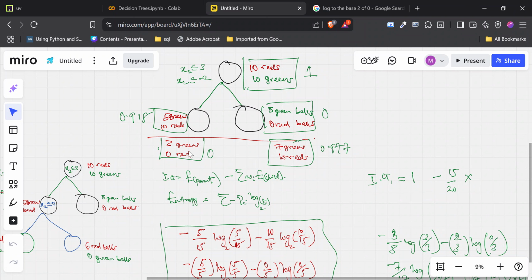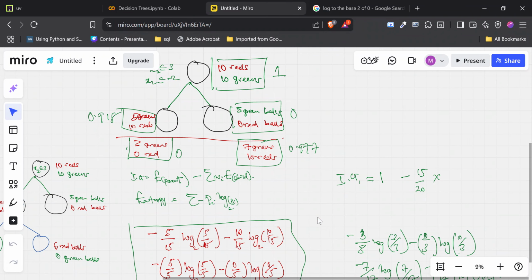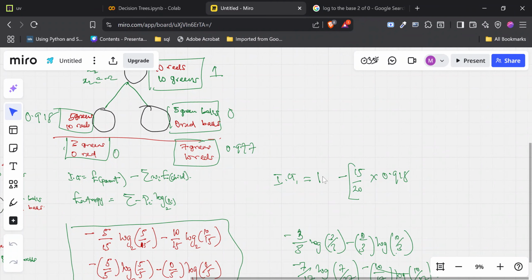This Wi is, like I said earlier, the size of the child. The child has 15 data points in it. The parent has 20. So 15 over 20 multiplied by what? The entropy of the child. So what is the entropy of the child at that particular point? It is 0.918. Multiply by 0.918. Then we can just add a big bracket and do the second one. This is for the first one.